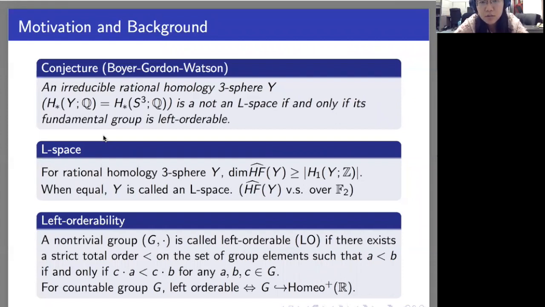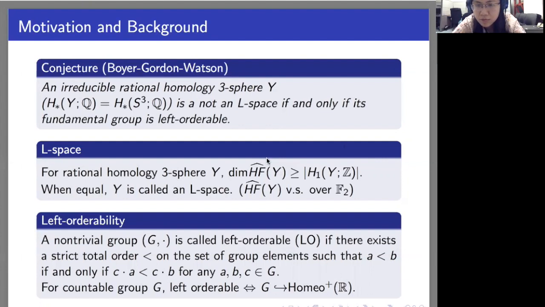For a rational homology three-sphere Y, its first homology group with Z coefficients has finitely many elements, and there's an inequality which says that the dimension of the hat version of Heegaard Floer homology of Y is greater than or equal to the number of elements in its first homology group with Z coefficients.